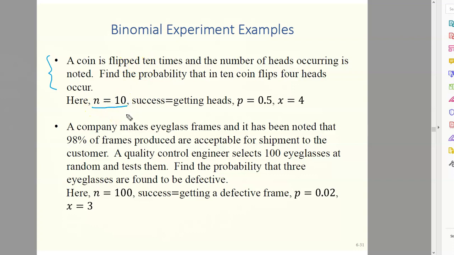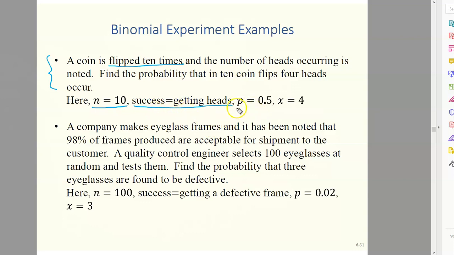N is the number of trials, and we get that from the fact that the coin is flipped 10 times. Now, the problem also states that we want to look for the number of heads that occur. So that means a success is getting heads when you flip the coin. That's what we consider a success.